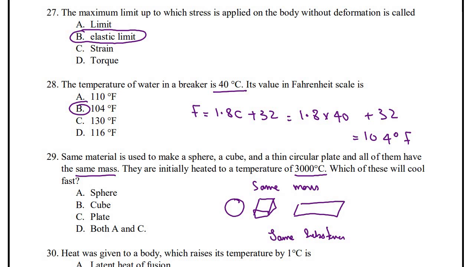The cooling process will be faster in the metallic plate, because the radiation emitted by this plate will be greater due to its surface area. So the correct answer will be option C.